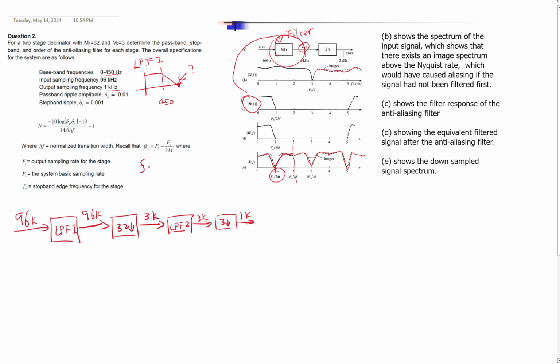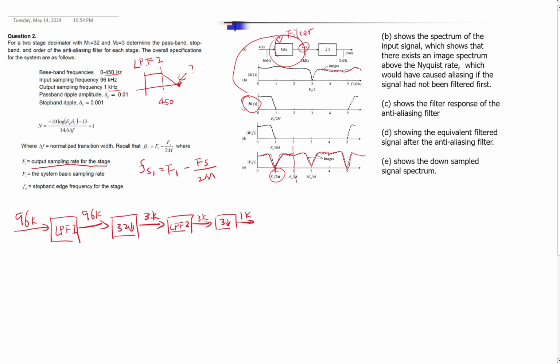So Fs1, the first one, is equal to F1 minus Fs divided by 2M. Let's talk about each of these parameters. F1 here is the output sampling rate for this stage. For the first stage, the output is 3K.